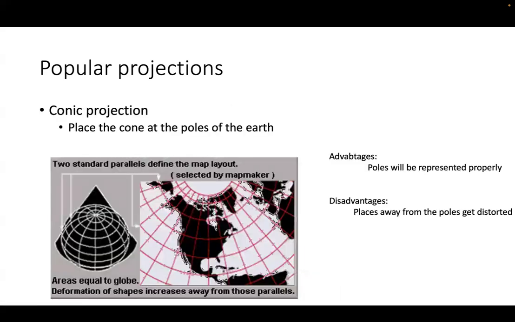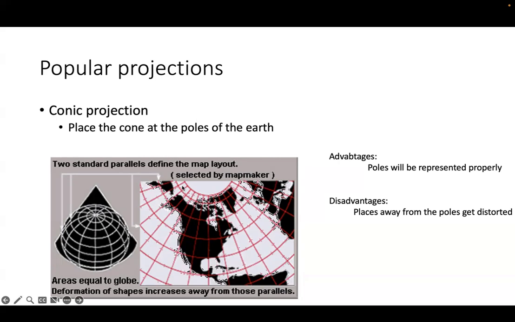To solve that problem, people came up with the projection called conic projection. In the conic projection, given the earth, you take a paper, make it into a cone, put it over the earth, and send the light. This creates the conic projection.